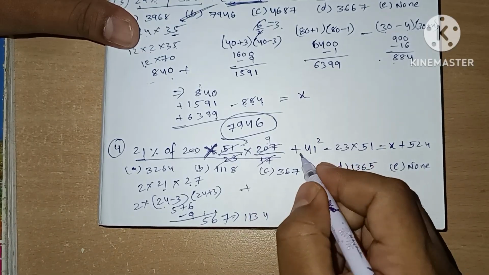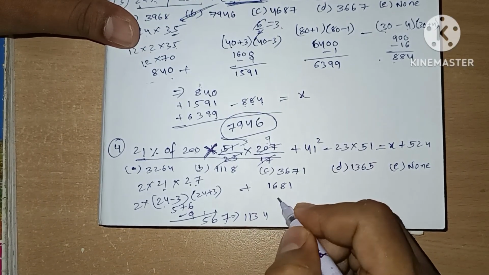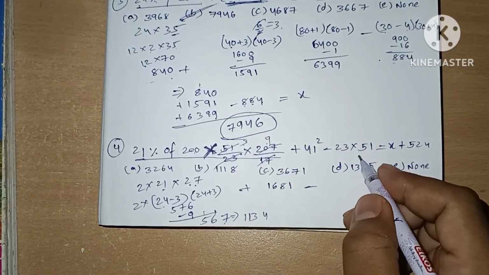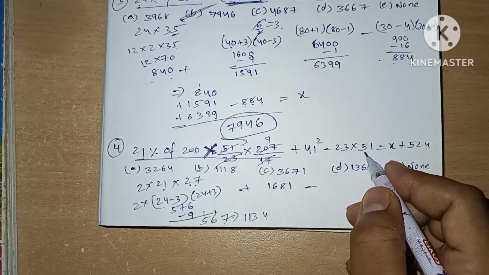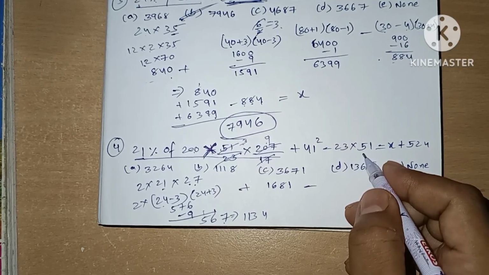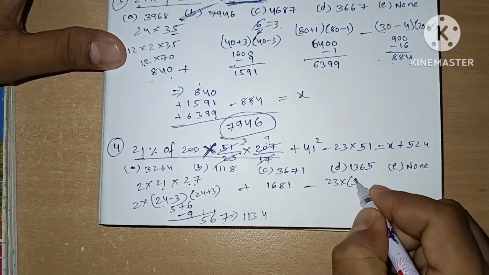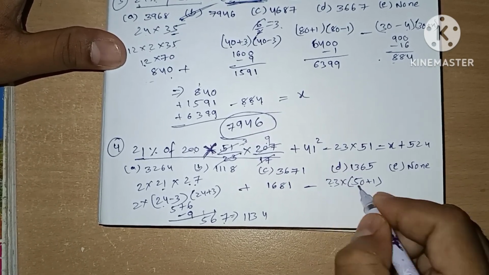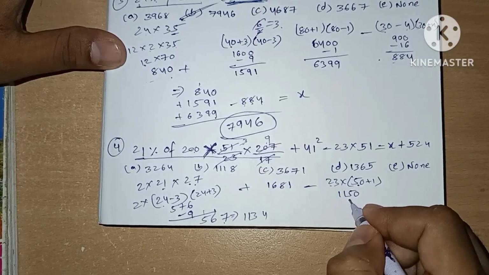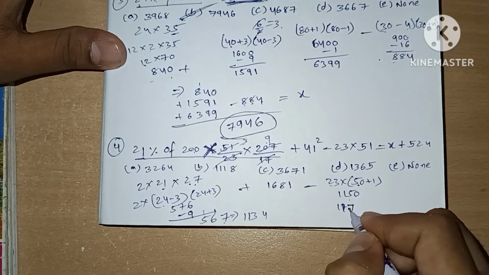Next, 41 square, which will be 1681 minus. Now we need to find the value of this one. The difference between these two is not an even number, so we'll see a shortcut. This is 23 into 50 plus 1. 23 five times will be 1150 plus 23 will be 1173.